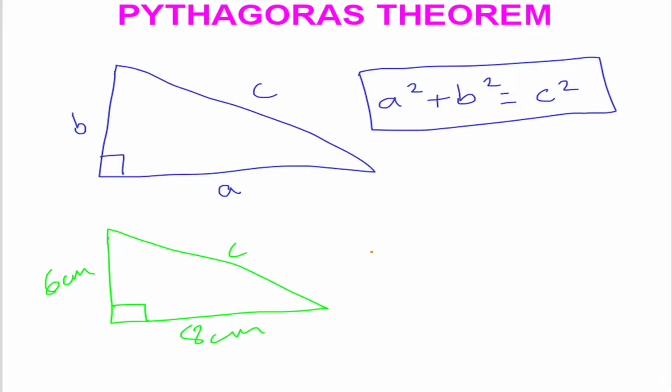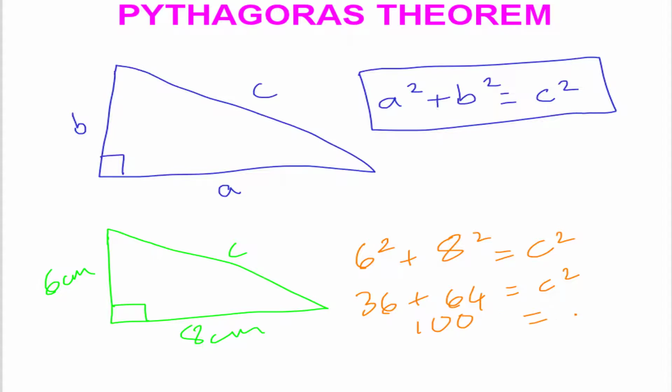So therefore, we just put that in: 6 squared plus 8 squared should give you c squared. That's the same as 36 plus 64 equals c squared. That's the same as 100 equals c squared. Square root of 100 equals c, which is 10. This length here is 10 centimeters.